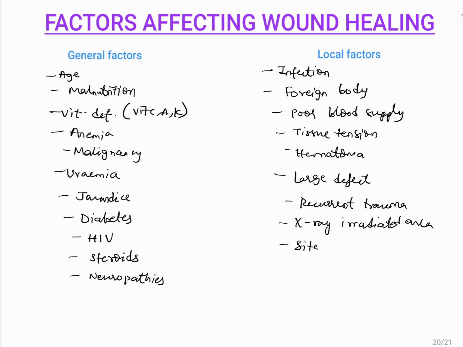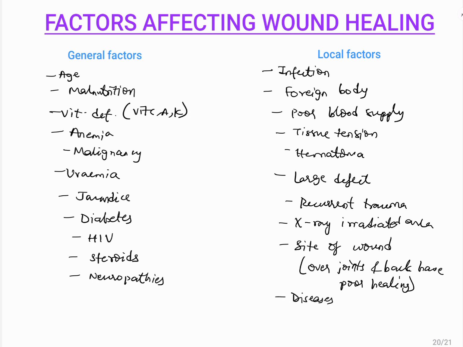Under local factors, the site of wound has a major role because, for example, the wound which occurs over joints and back have a poor healing process. The other local factors are like diseases and type of wound.